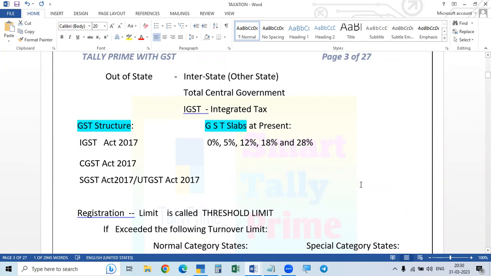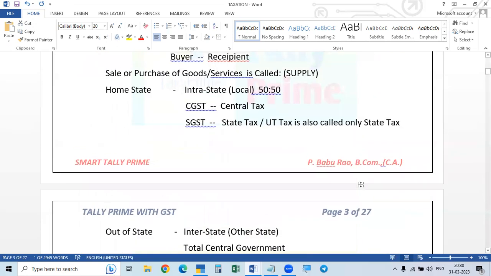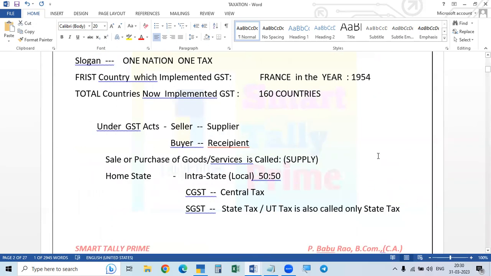That is why GST is shared by state and central. So CGST, central GST, and SGST, state GST, are shared 50-50. Suppose the rate is 18%, then the central will take 9% and the state will take 9%. So CGST will be 9% and SGST will be 9%.